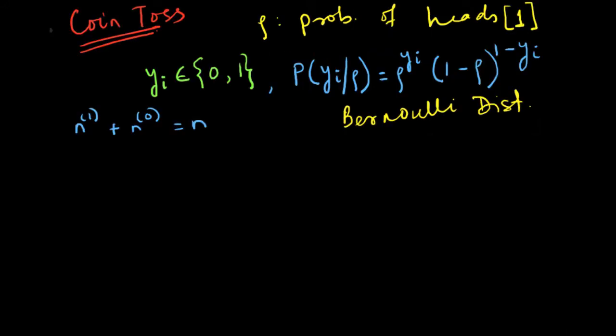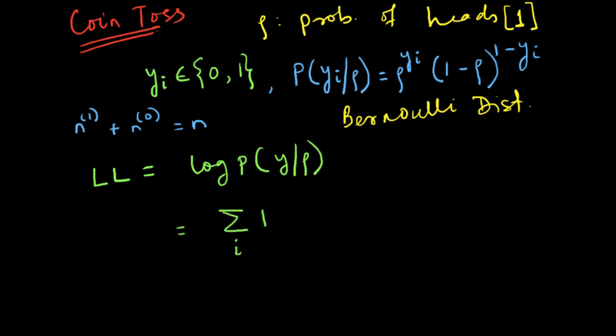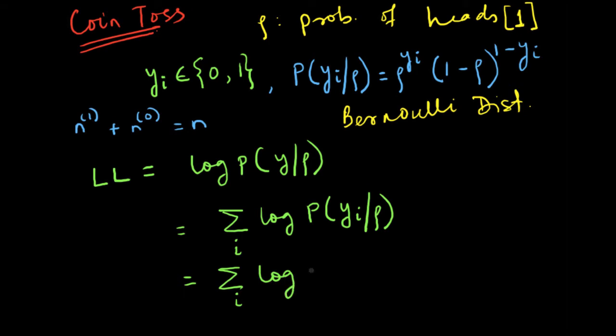So our total log likelihood is equal to the log of probability of y given rho, which is equal to sum over i log of probability of yi given rho, which is equal to sum over i log of rho to the power yi into 1 minus rho to the power 1 minus yi.